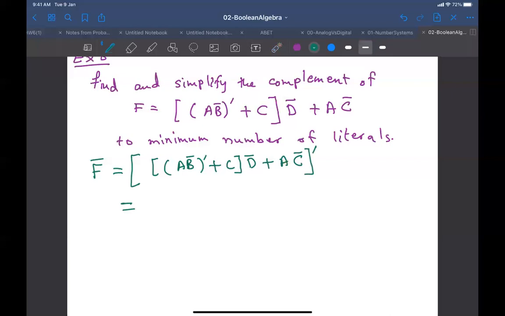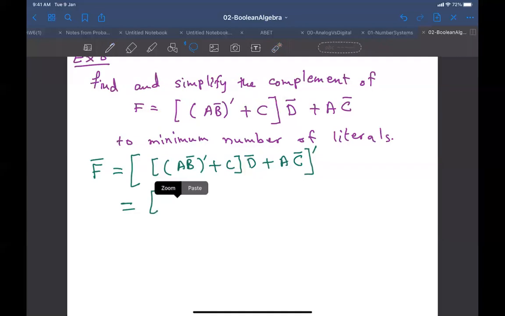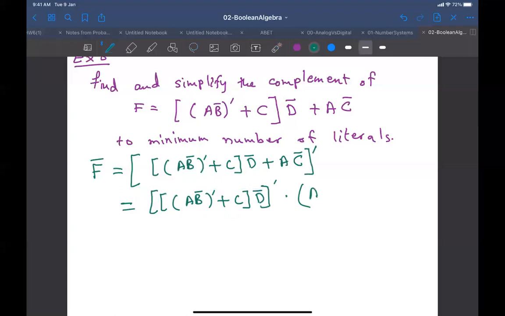So I have this whole thing here, which I can just copy. I need to complement this, and then this OR turns into an AND, and then I need to complement the A and then the C complement.